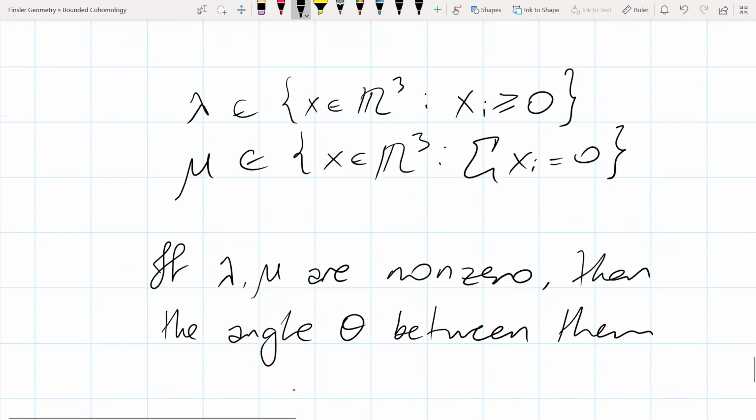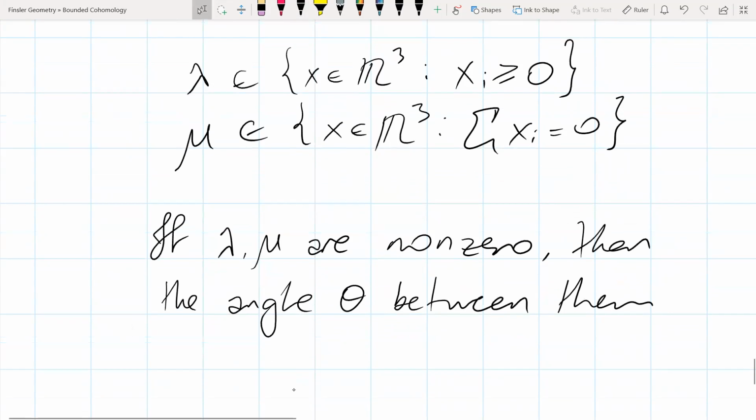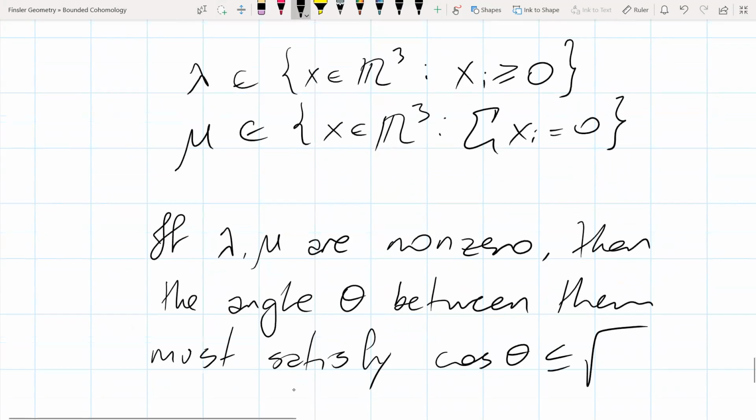And analyzing these two regions where they belong, this means that the angle between them must satisfy that cosine of theta is less or equal than square root of 2/3.